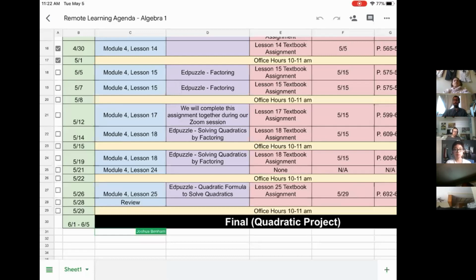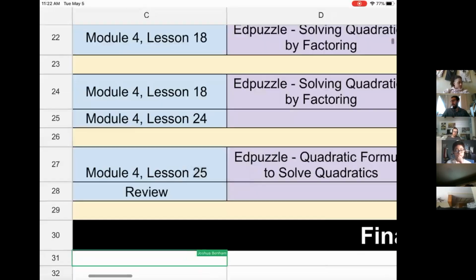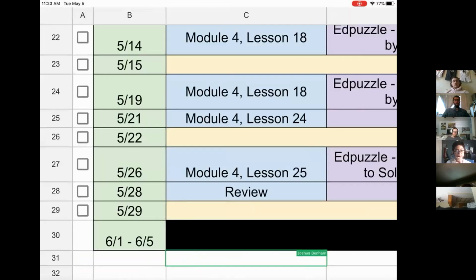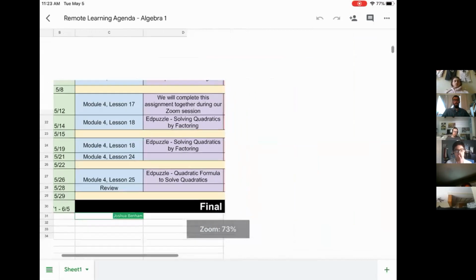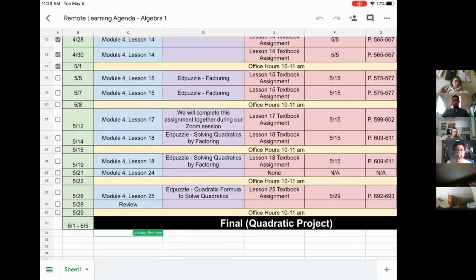We'll talk more about this around the mid to late 20s of this month, the 26th, 28th, and 29th. It'll be due probably on the 2nd or 3rd. I just wanted to give you a heads up so you can be prepared for a project final, not a test final.